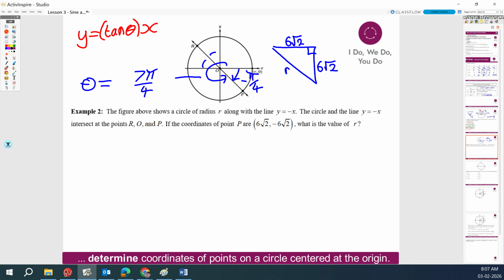This formula will help you with problem solving. So m is equal to tan theta when the straight line in the coordinate system is drawn passing through the origin. It's a useful formula.